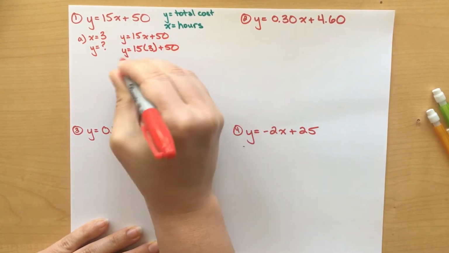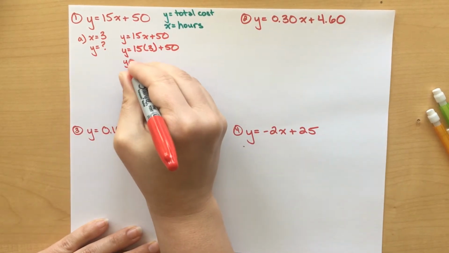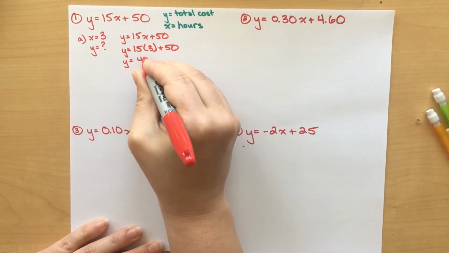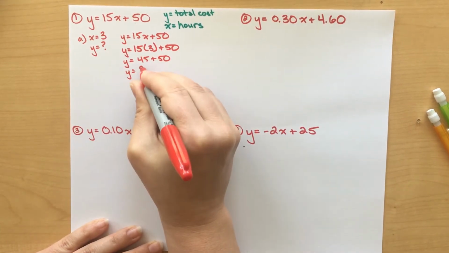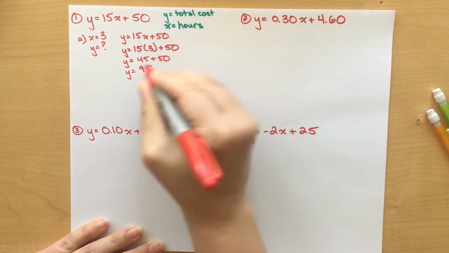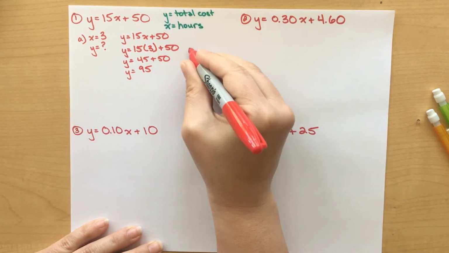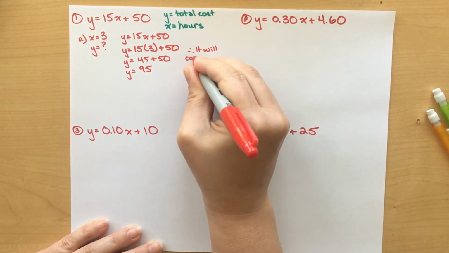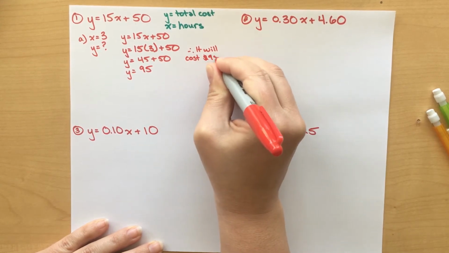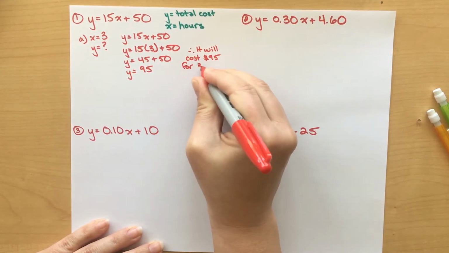We still don't know y, so y stays the same. 15 times 3 gives us 45, plus the 50, y will be equal to 95. That's telling us the total cost, so therefore, it will cost $95 for 3 hours.